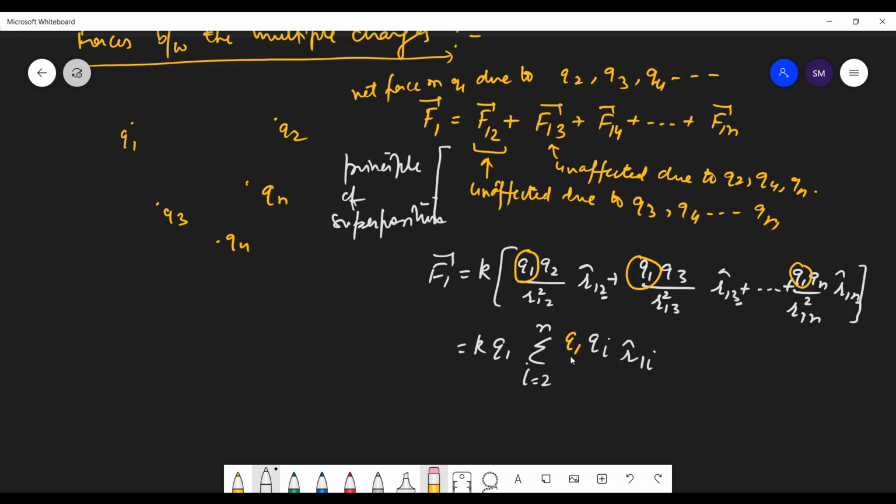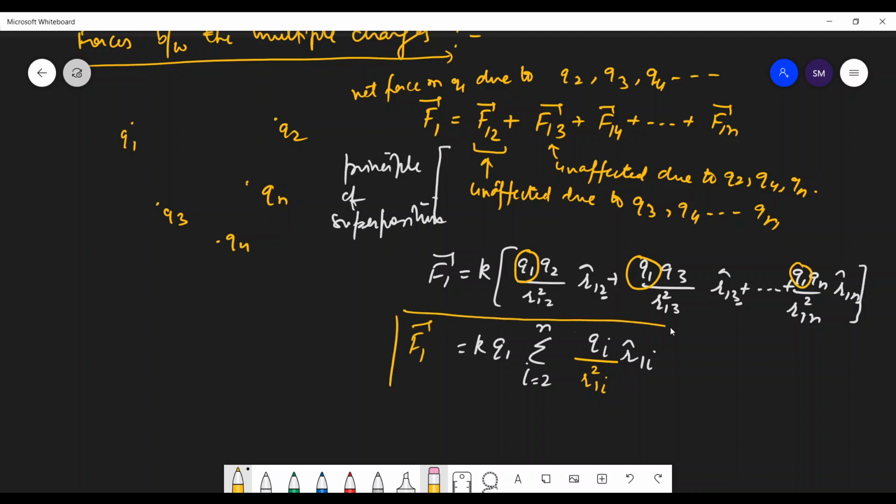Students, Q1 I have already taken common, so I need not write Q1 again. Now divided by R12 squared, R13 squared, R1n squared. The R and the 1 are common, but the 2, 3, n is varying. So whatever the varying value, 2 to n, write it over here. That is how I have it.